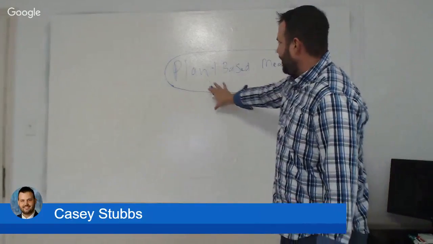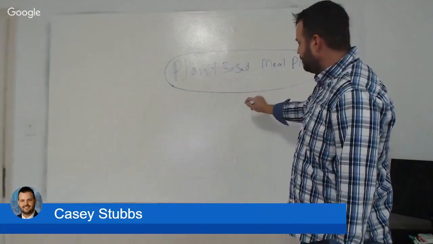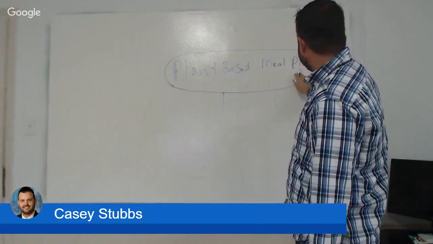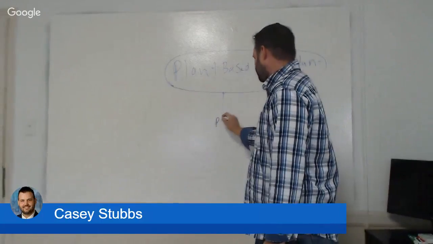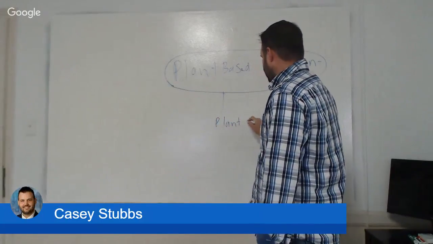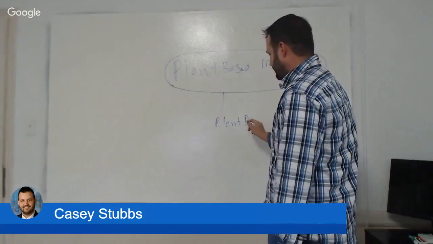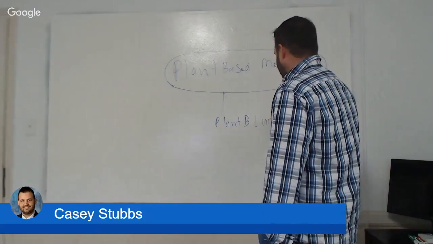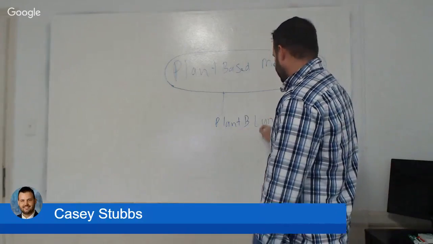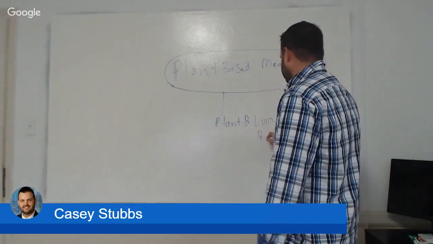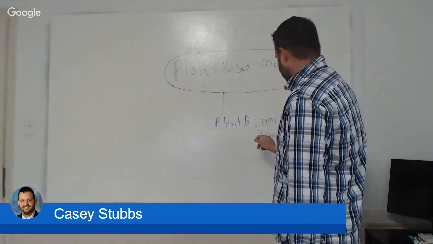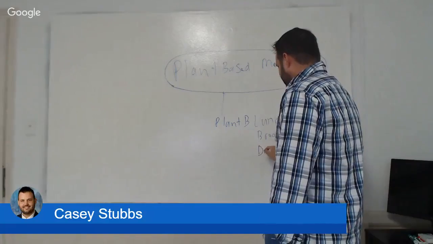Then after you write this master post right here, then we're going to write sub posts, right? So we'll do plant-based meal plan, and we'll do something like, I'll just do an abbreviation, PB lunch, so then it talks about lunches, and then we do plant-based breakfast, okay, and dinner, etc., right?